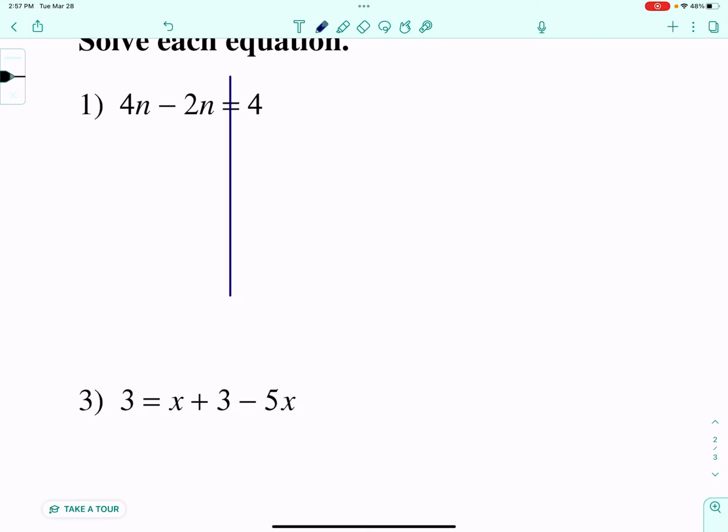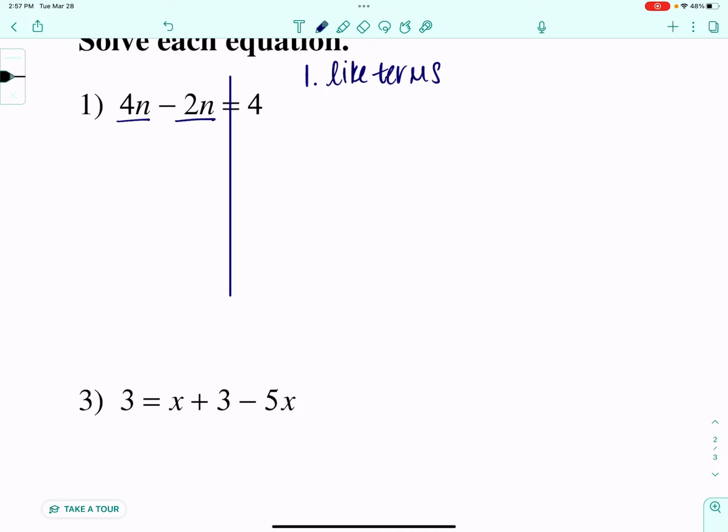Now, because I was listening to myself a minute ago, I know that the first thing I need to do is check for like terms. So if I look at the left side of my equation, I see that I have a 4n minus 2n.